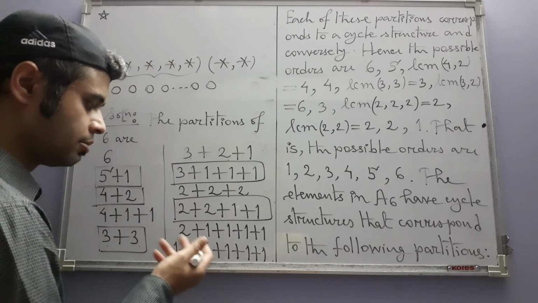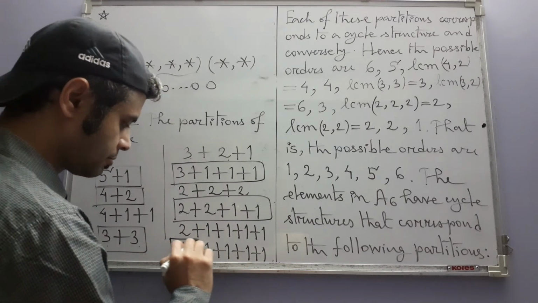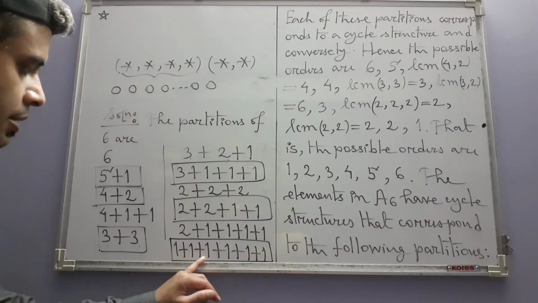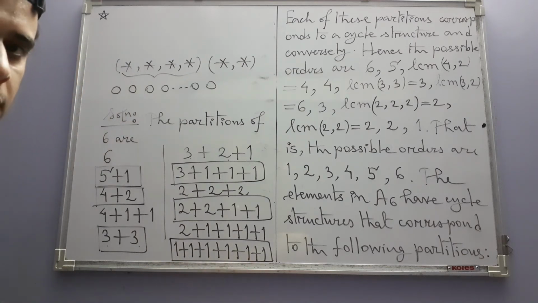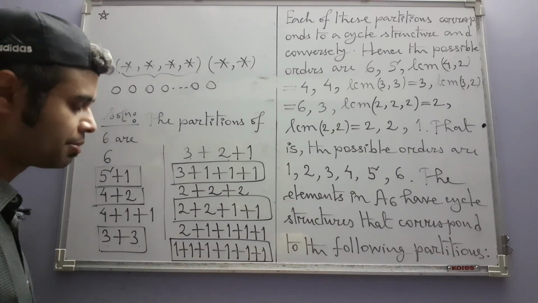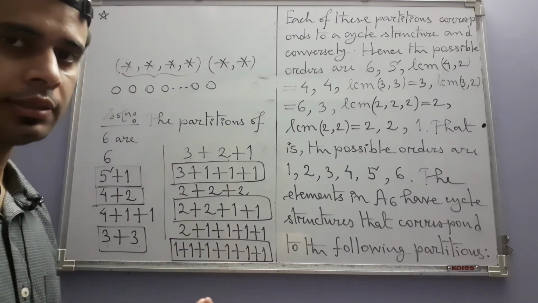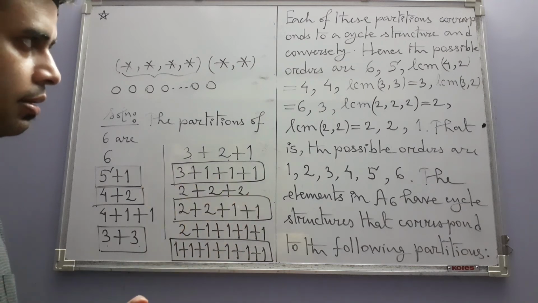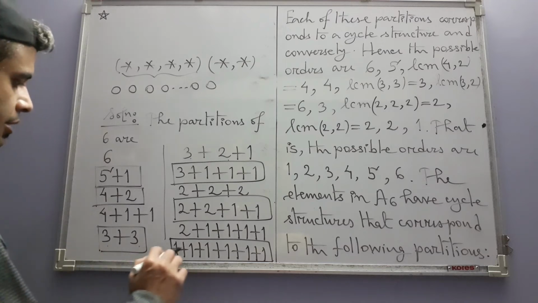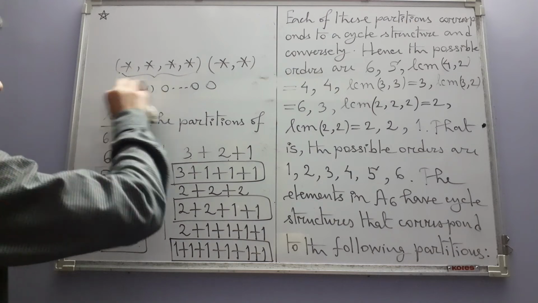This is odd, won't be there, and this one is even, of course, because each one is a 1-cycle, so each one is even, and together they also give us an even permutation. And in fact this corresponds to the identity element which is there in A6. We are considering 6 now, so that's why this will be there. So let us first write these partitions.